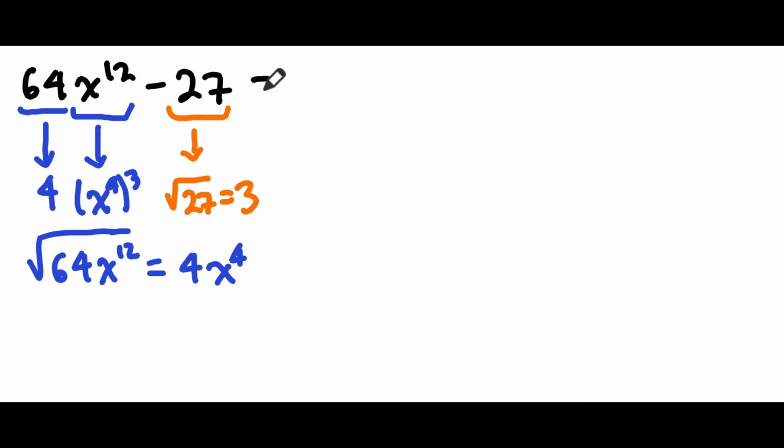So now what we will do is we will first subtract the cube roots. So in the first set of brackets here, I am going to be subtracting the cube roots. So I take 4x to the power of 4, and I will subtract off the 3. And in the second set of brackets, what I will do is I will square the cube roots.